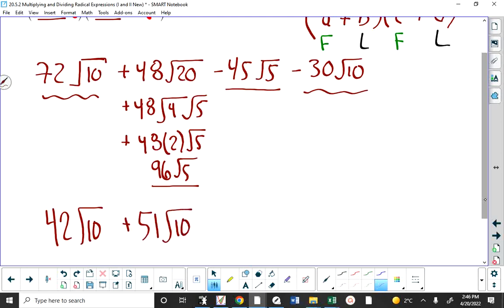Done. You can't simplify root 10, so we're done over here. You can't simplify root 5, so that part is done. You cannot combine those two terms because they're not like each other because they have different radicals. Any questions with that one?